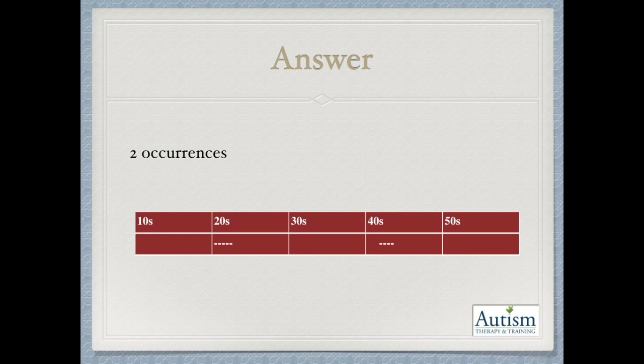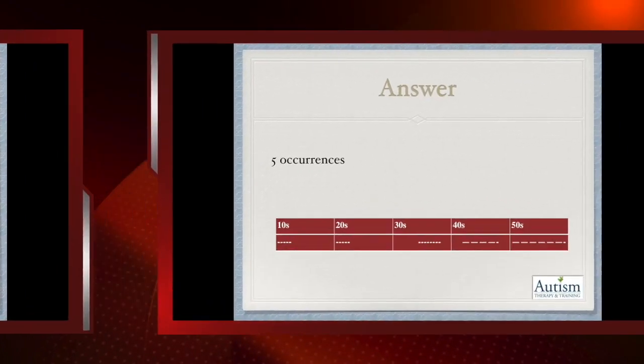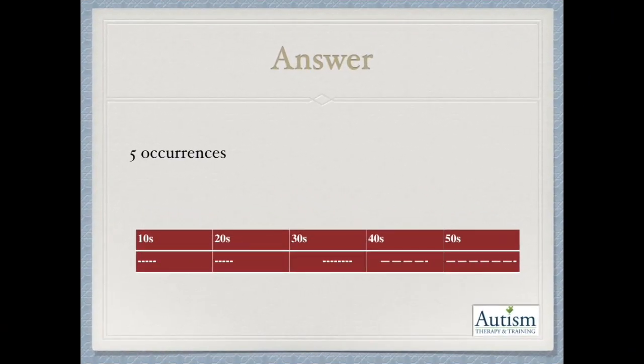And the correct response is 2. How many behaviors occurred during this partial interval sampling? And the correct response is 5.